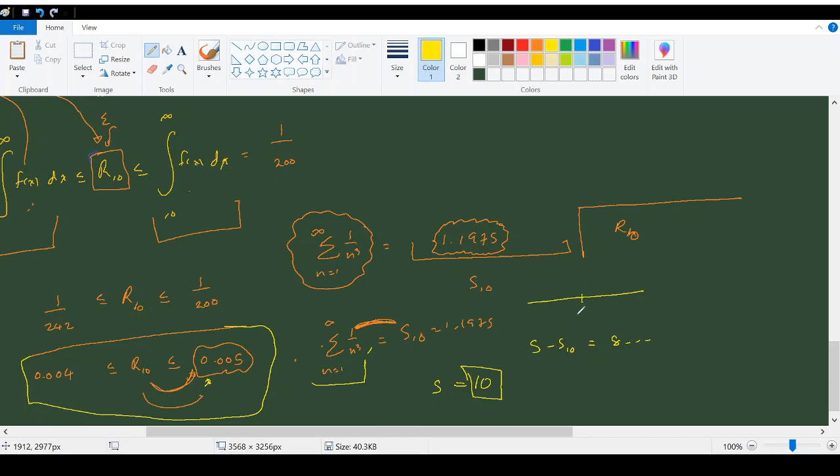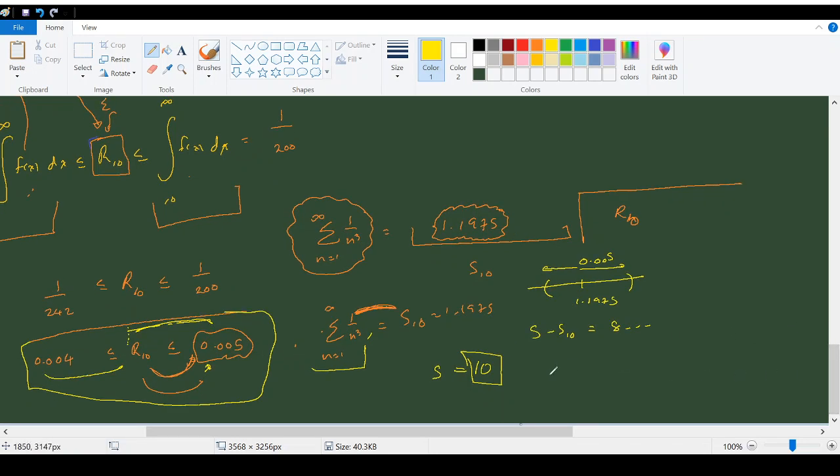If this is 1.1975, then the actual answer should be within a maximum distance of 0.005. That can be concluded from this side of the inequality.